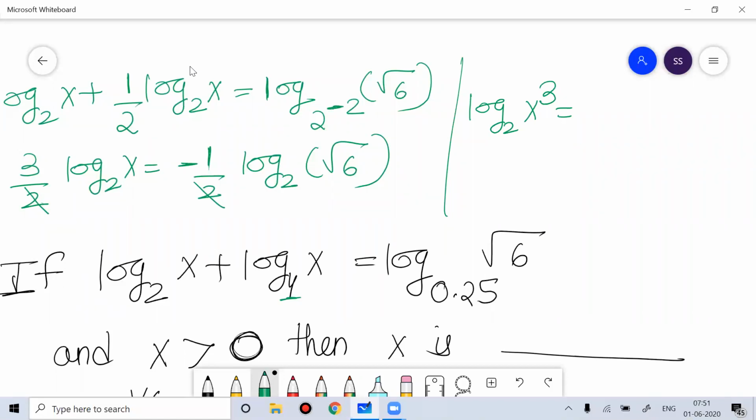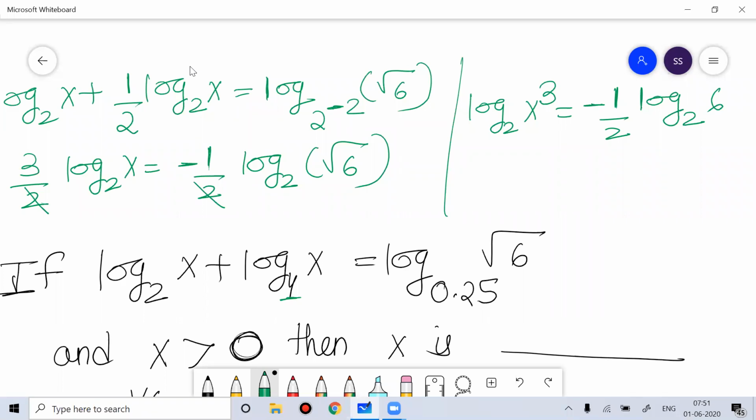With the minus sign, this would be minus 1 by 2 of log base 2 of 6. Correct? So this would have given you this value.